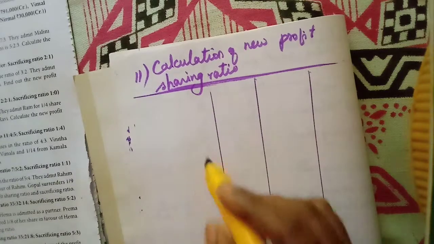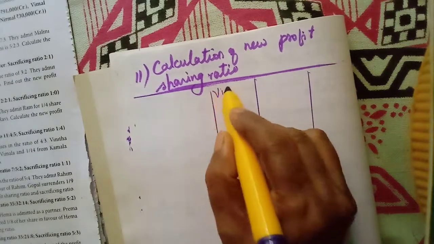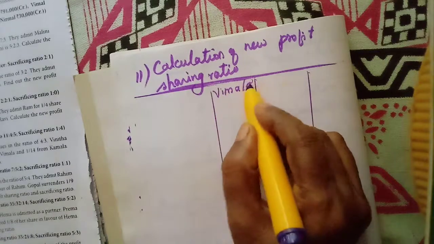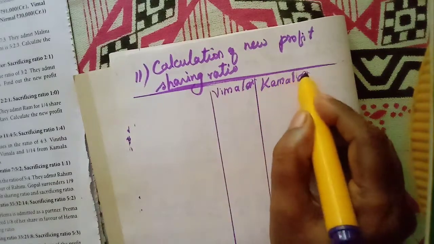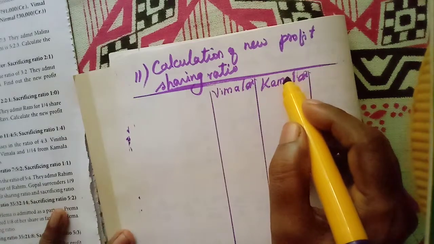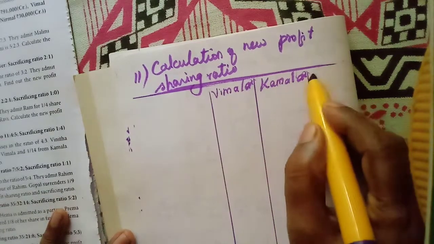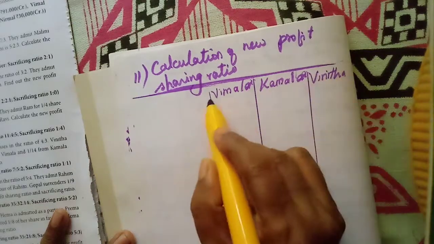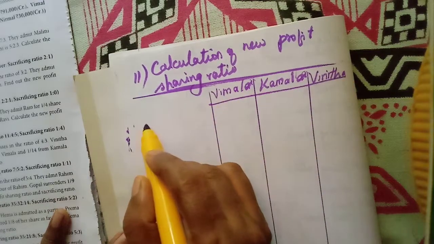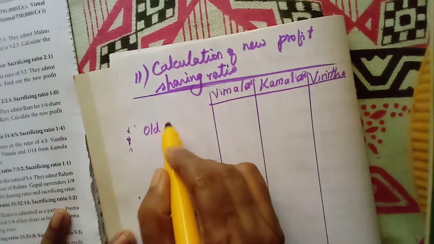Vimala, Kamala. Then the new partner, Vinita. Okay, first old ratio.